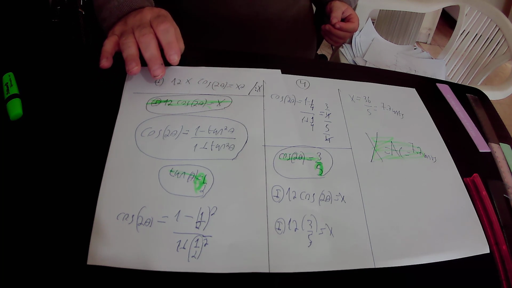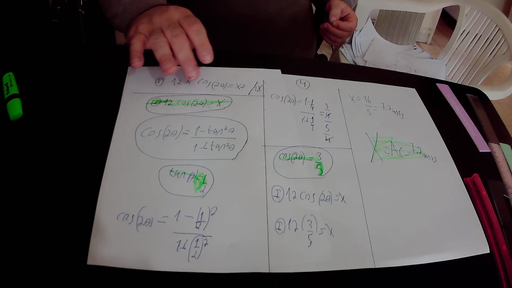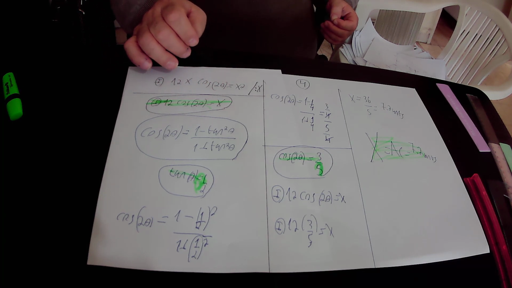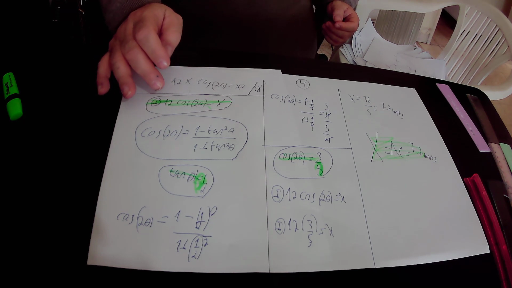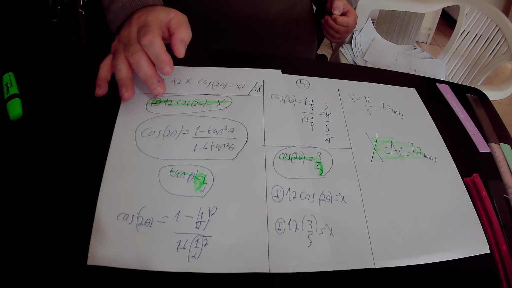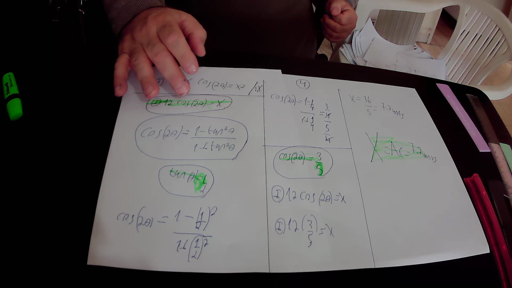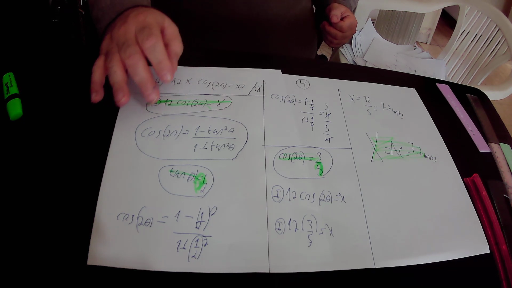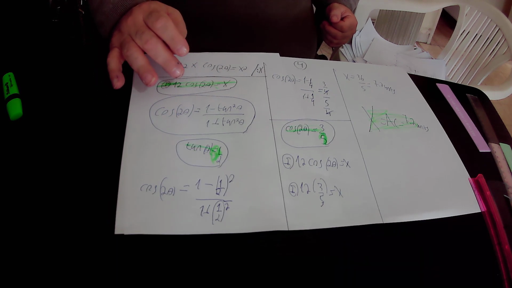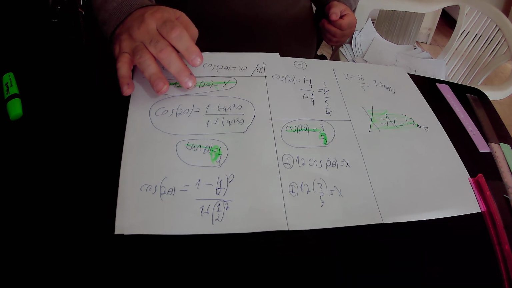So the only thing left to do in order to find the value of x is to find the value of cosine 2 theta. And we actually have a trigonometric identity for cosine 2 theta. Cosine 2 theta, according to this identity, equals 1 minus tangent squared theta over 1 plus tangent squared theta. But we have already found that tangent theta equals 1/2, so we can substitute tangent theta in this identity by 1/2.